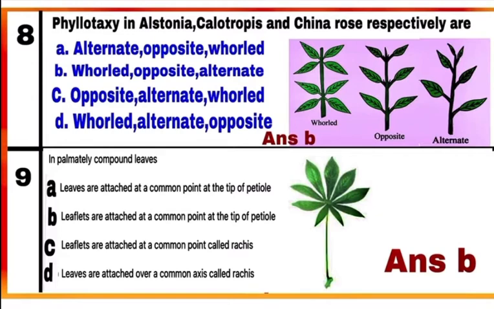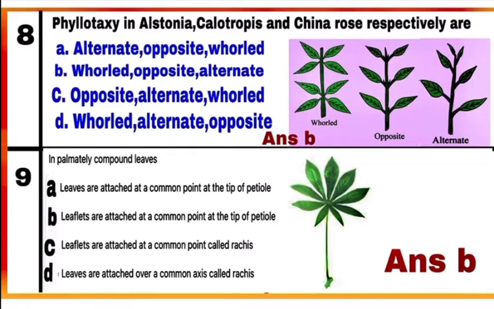Second, opposite, where a pair of leaves arise at each node and lie opposite to each other. Example, Calotropis. Third, alternate, where a single leaf arises at each node in an alternate manner. Example is China rose. So, the answer is option B: Alstonia, whorled; Calotropis, opposite; and China rose, alternate. So, mark B as the correct answer.